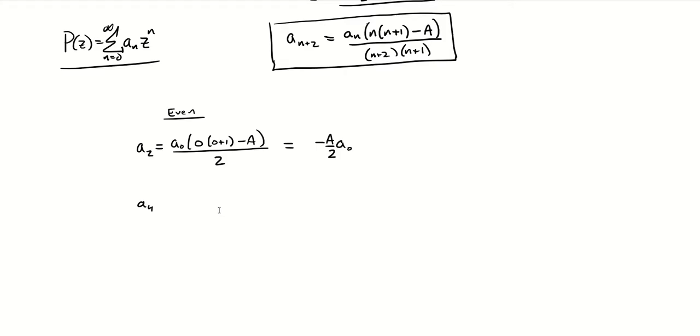And if we go to a sub 4, this ends up being a sub 2 times (2 times 3 minus a) over 4 times 3, or (6 minus a) over 12, and if we substitute in a over 2, which we got here, times a over 2 a naught.